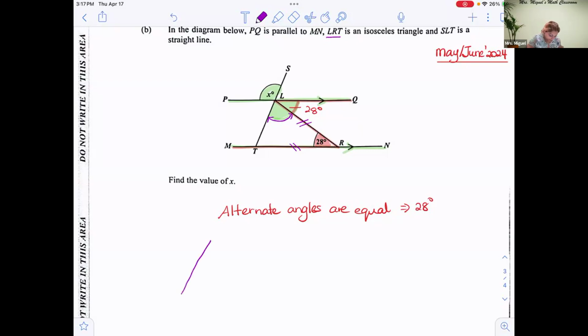So if LRT is an isosceles triangle, it means that I could find the missing angle there at L. So L, T, and R. So this is 28 degrees. This side is equal to this side. So I could find the missing angle. Let's work it out. 180 degrees subtract 28 degrees. When you get that answer, you divide it by 2. Go ahead.